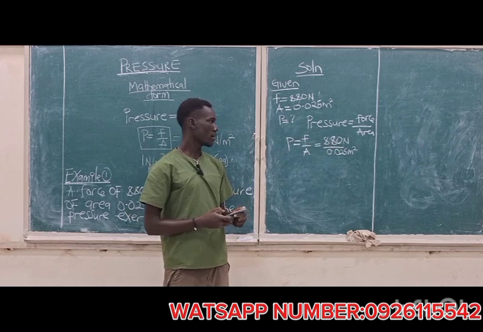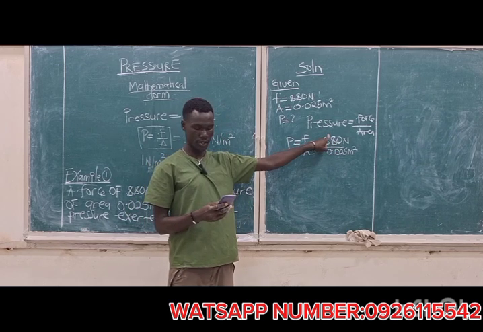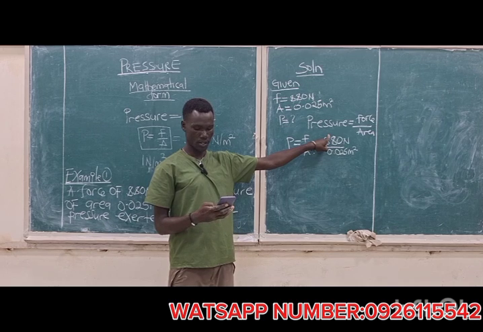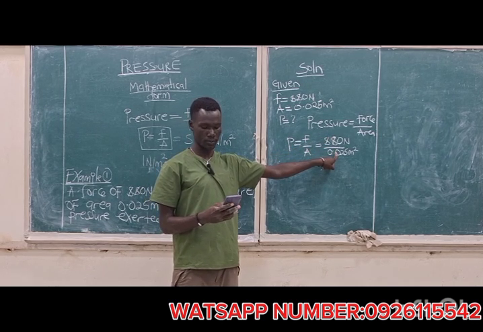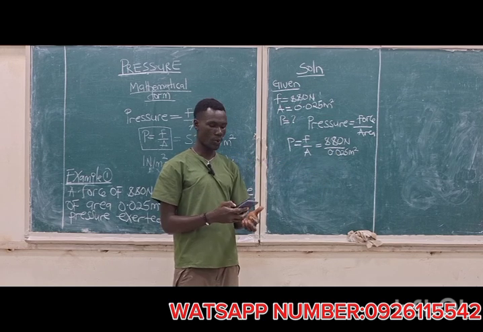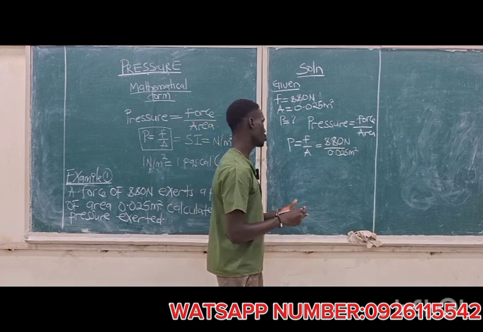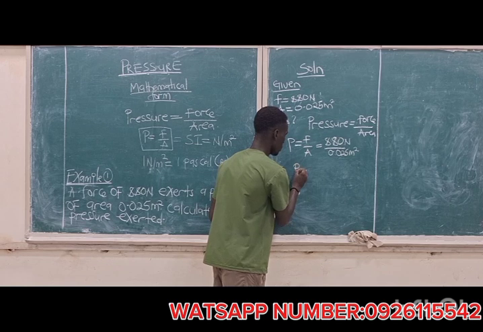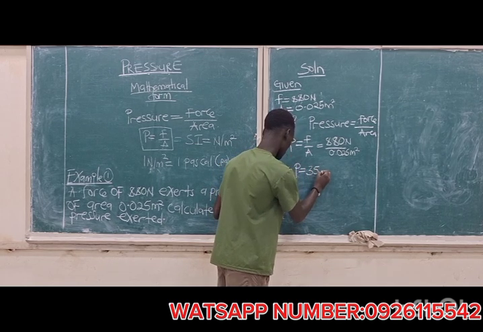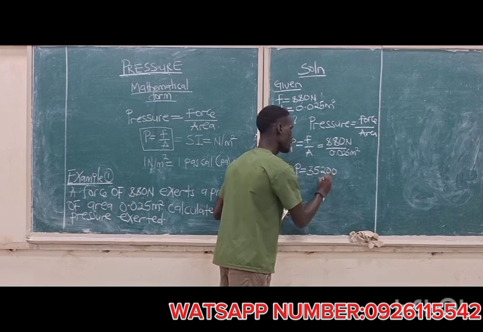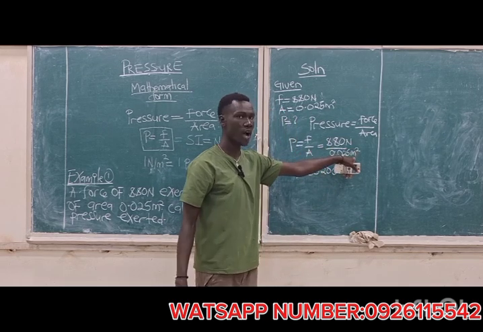We press 880, then divide it by 0.025. We will get 35,200. Pressure will be equal to 35,200. We have Newton, we have meter square.